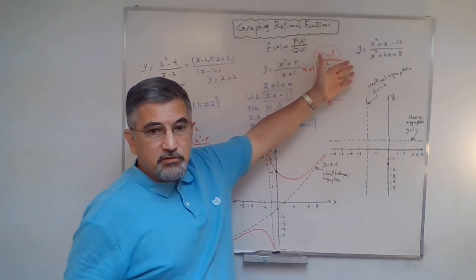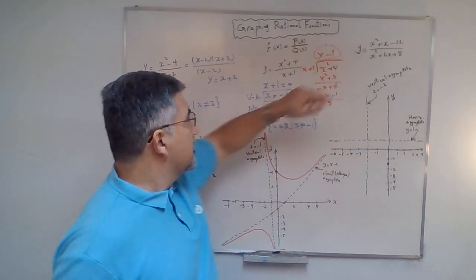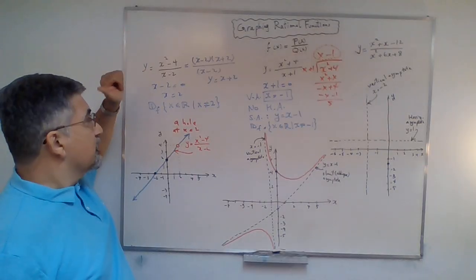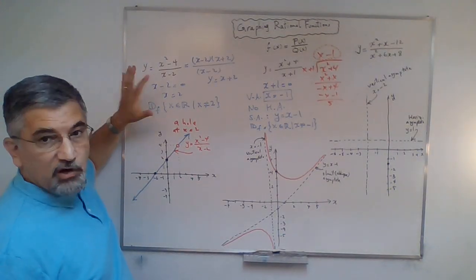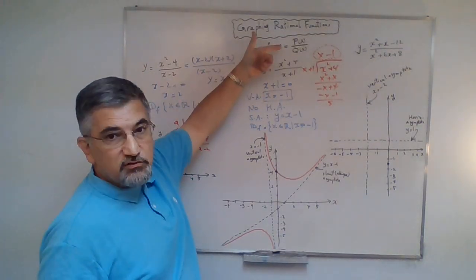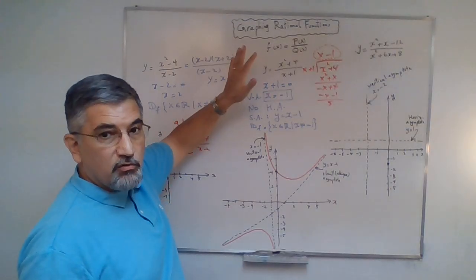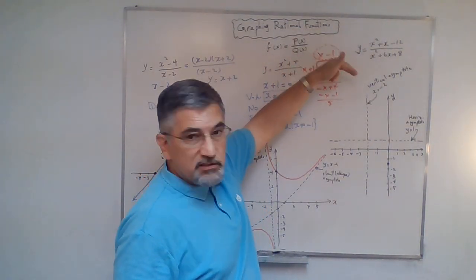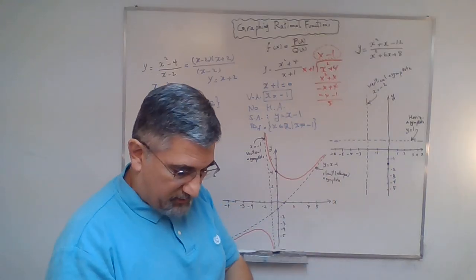In the third example, the top and bottom are both quadratic. So the first example, quadratic in the top, linear in the bottom, with a hole. This one was quadratic in the top, linear in the bottom, without a hole, with a vertical asymptote. And now this one, we have quadratic in the top, quadratic in the bottom, and we don't even know what's going to happen.